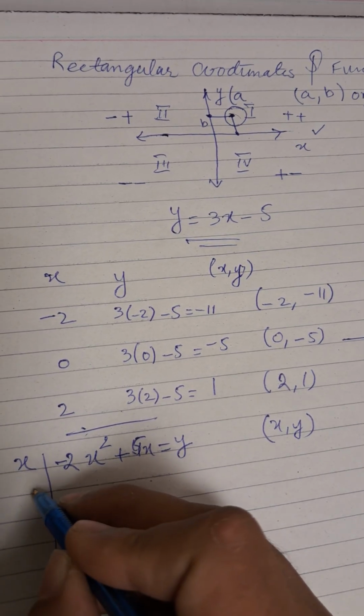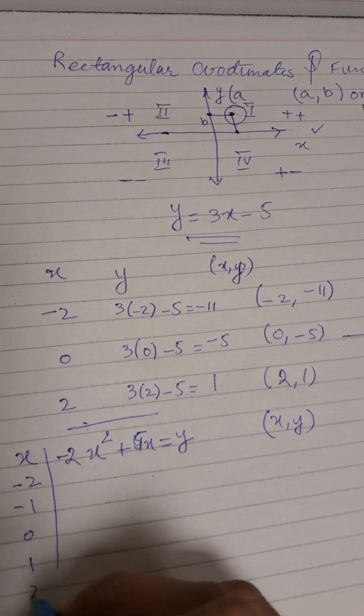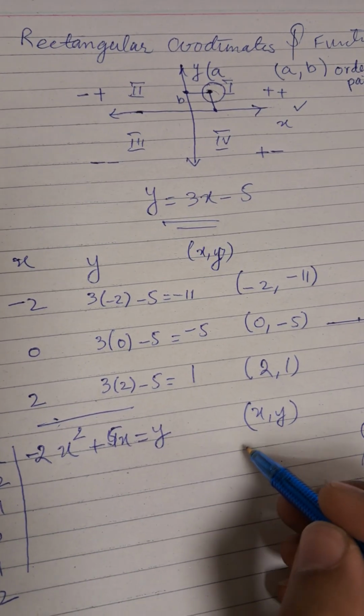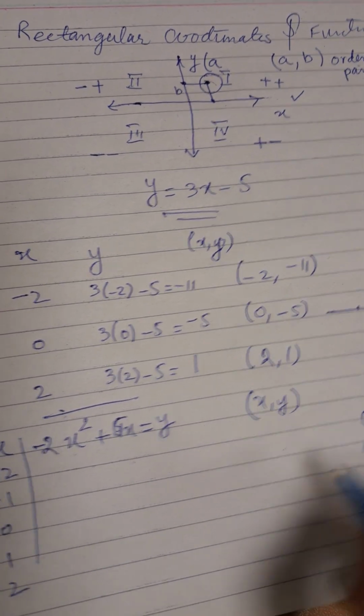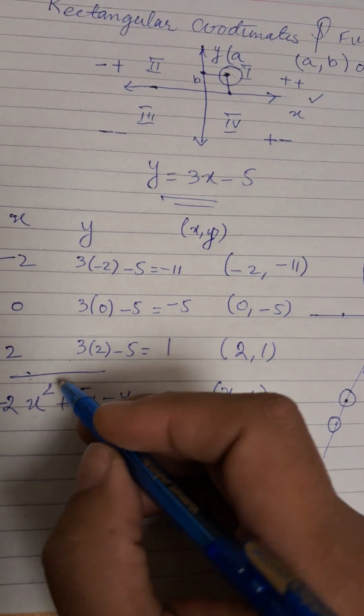For all those values of -2, -1, 0, 1, and 2, we would have some values for y, and then we can have the ordered pairs.